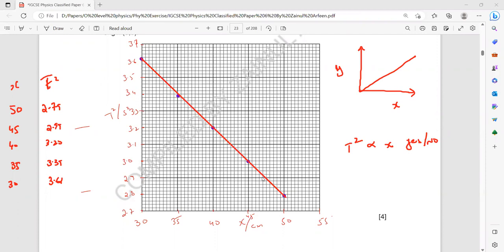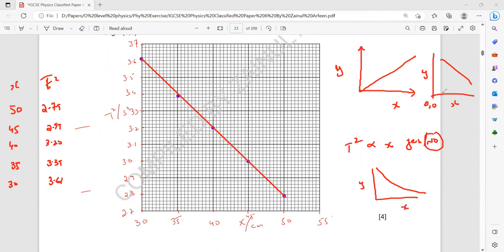No, it is not inversely proportional. If two quantities are inversely proportional, then what should be the shape of the graph? It will be a curve. Even though we did not include the origin, we did not include 0, 0, the graph is like this, and it means that it is not obeying the relation of a straight line passing through origin.